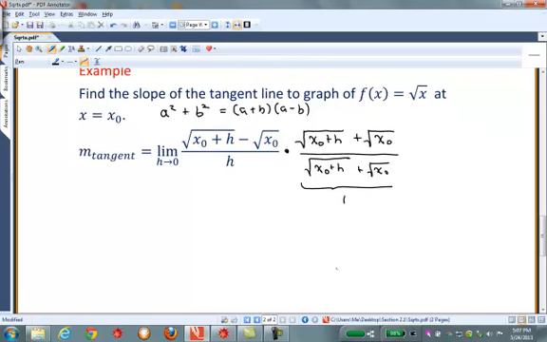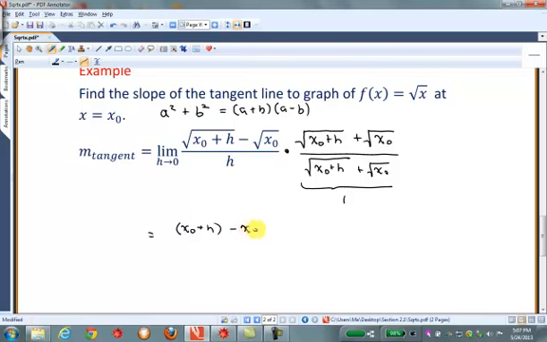Now, as I multiply this out, what am I going to get? In the numerator, I'm going to get just the x0 plus h, because I'll get the first term squared. By the way, when we just change the sign on the second term, it's sometimes called the conjugate. I'll get the first one squared, like the a squared here, and that would just be x0 plus h, minus the second one squared, which will be the square root of x0 squared.